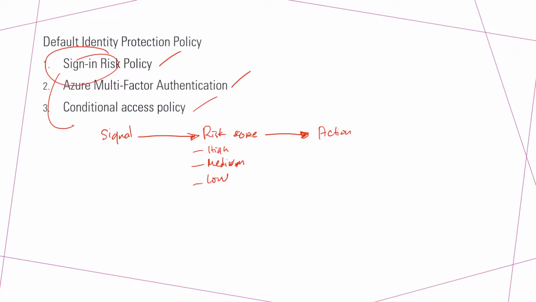Now once it's been given a score, it will then be up to us, the administrators, what action we should take. So you could either block, allow, or allow but register to MFA.